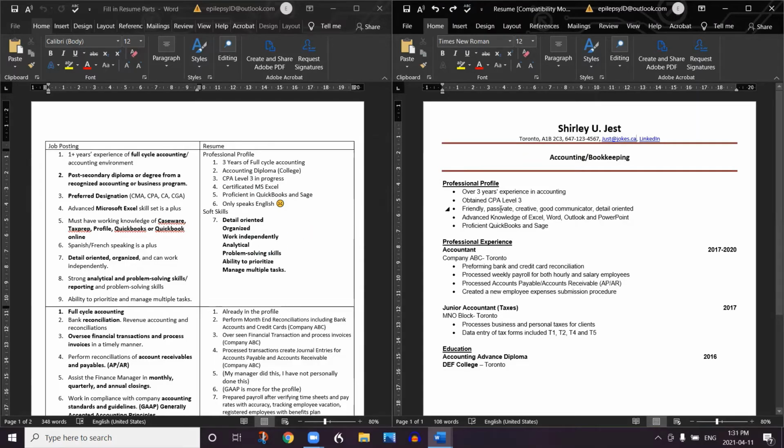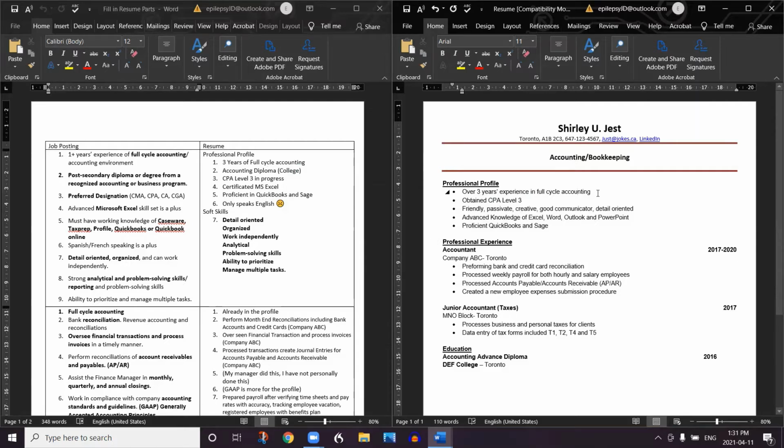Now we come down to the professional profile, and we see here there are things that are missing from this list that we had identified as part of our analysis. So 3 years of full cycle accounting experience. So we're going to simply put here over 3 years experience in full cycle accounting. When I spoke to this person, they were actually part of a team of people.